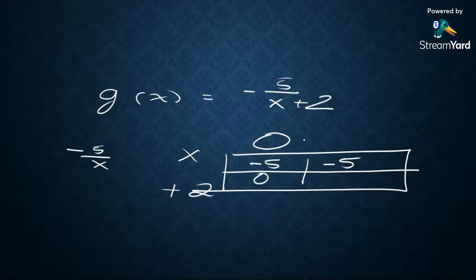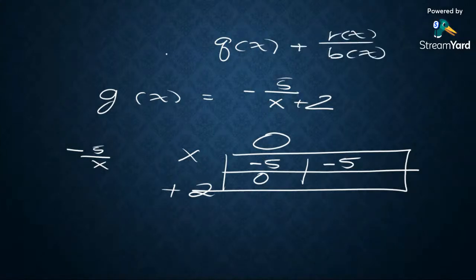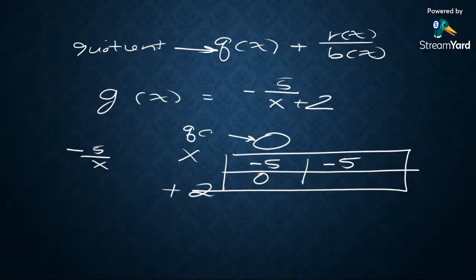So if we write it in that format that was stated earlier, Q of X plus R of X over B of X, Q of X is short for the word quotient, which, if you recall, is the answer to a division problem. So this 0 is that Q of X for us. The R of X is our remainder.